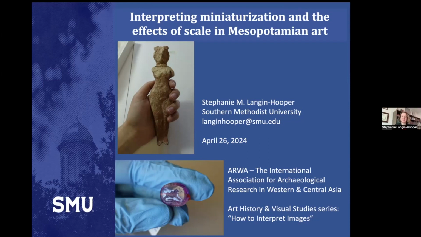And on the same topics, she has published an excellent edited volume together with Rebecca Martin, published in 2018 with Oxford University Press. It also included information on fragmentation and unfinished objects, which was very interesting, with some very interesting chapters. Today, she will talk to us about interpreting miniaturization and the effects of scale in Mesopotamian art. So we are very happy to have her here with us today. Over to you, Stephanie.